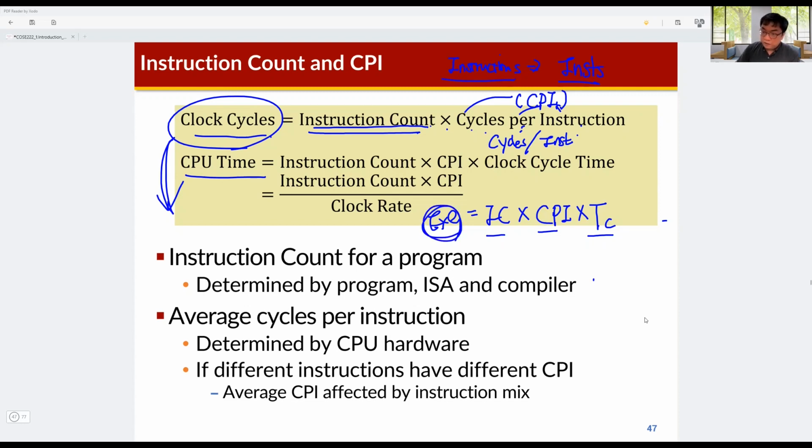Then how can we design our computer system? We can reduce the instruction count, or we can reduce the CPI, cycles per instruction, or we can reduce the clock period. So there are three different factors. Then how can we reduce the instruction count?